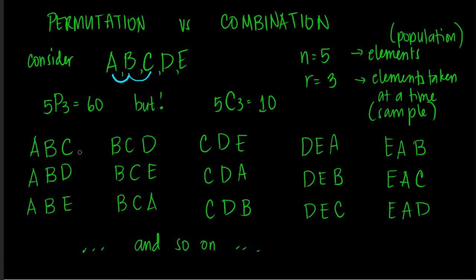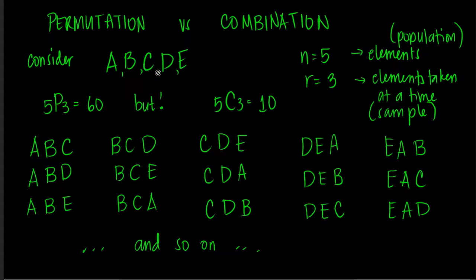And then, you have here A, B, D, and maybe A, B, and then E. And A, B, and E. So, I've listed them down here. And then maybe you move on to B, C, and D. And B, C, E. And then we rotate to B, C, A. And you have C, D, E.